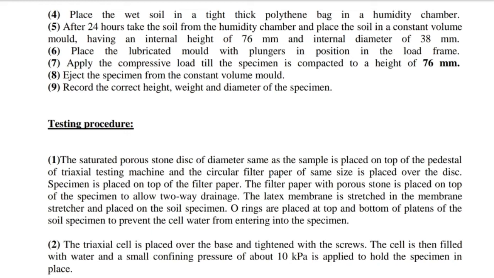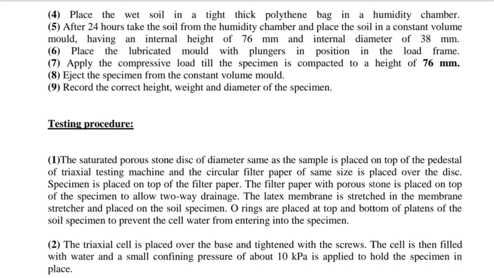Place the lubricated mold with plunger in position in the load frame. 7. Apply the compressive load till the specimen is compacted to a height of 76 mm. 8. Eject the specimen from the constant volume mold. 9. Record the correct height, weight and diameter of the specimen.